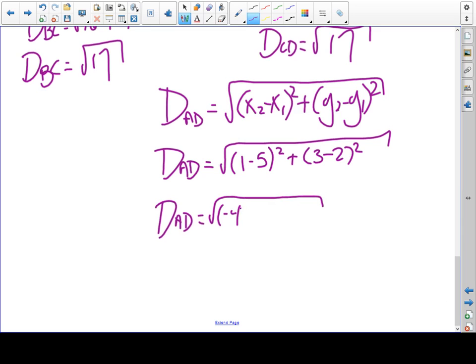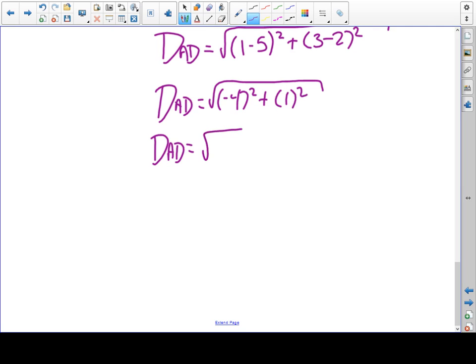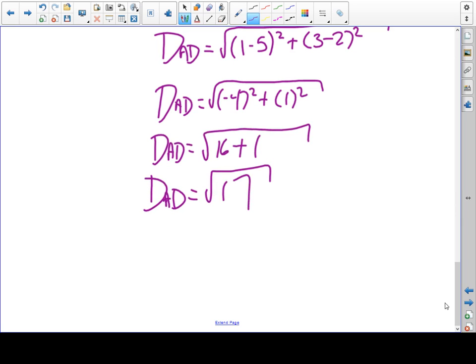So we get negative 4 squared plus 1 squared, which is 16 plus 1, and that gives us square root of 17. Surprise, surprise, surprise. Not really.